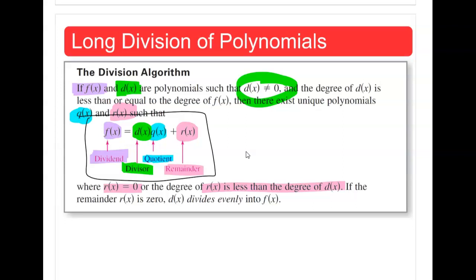And if the remainder r of x is 0, then the divisor divides evenly into f of x.